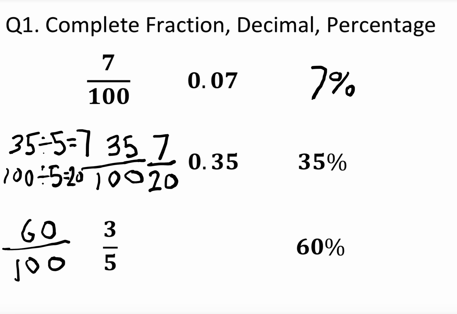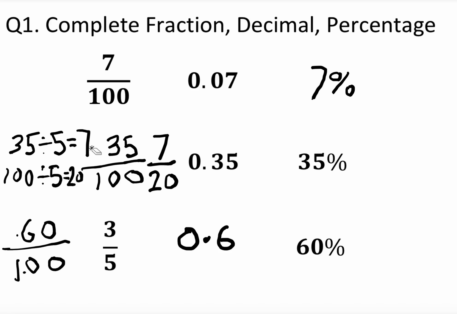So if you can imagine the decimal point being between the 1 and the 0, if it was a decimal, the decimal point above would be there. So basically, the answer would be 0.6. Yeah, so there we are. That's the answers to that one.